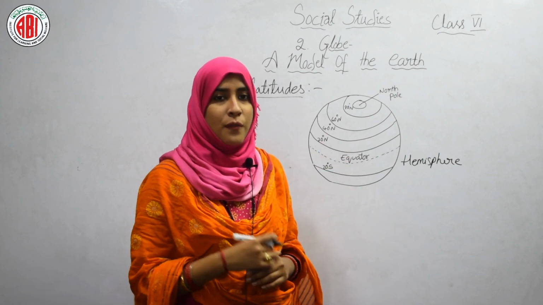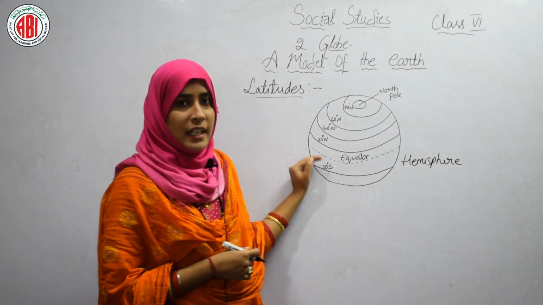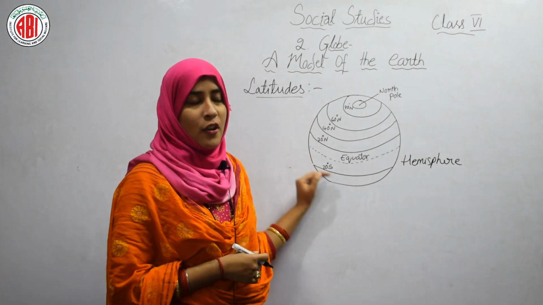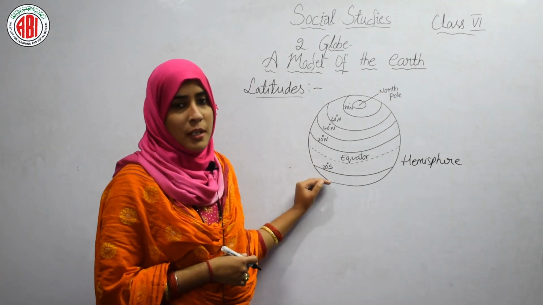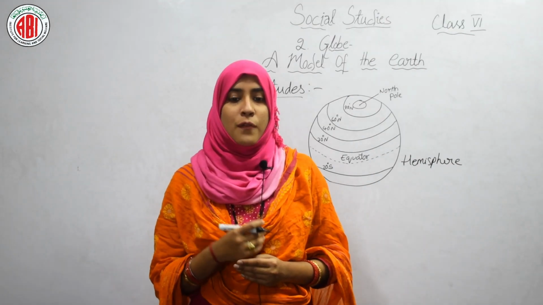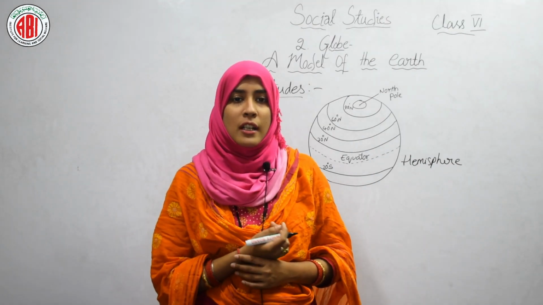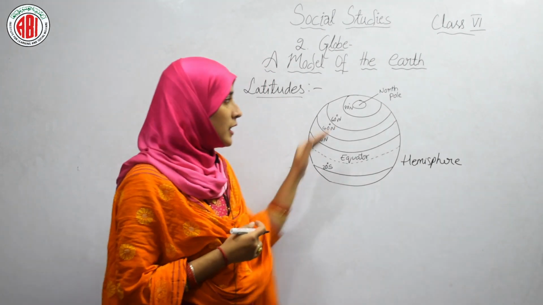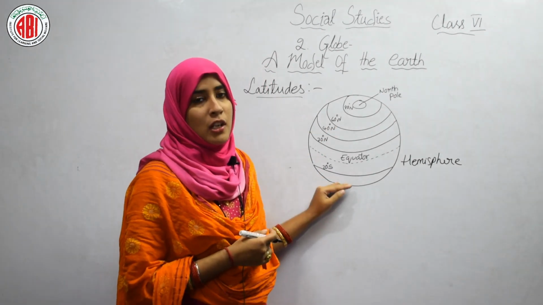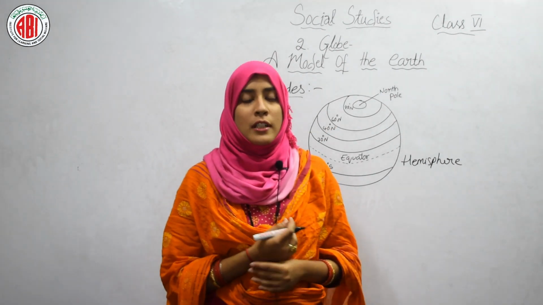Also try to find out where our country is located, whether in the northern hemisphere or the southern hemisphere. And also find out which part of the earth, northern or southern, has more water.